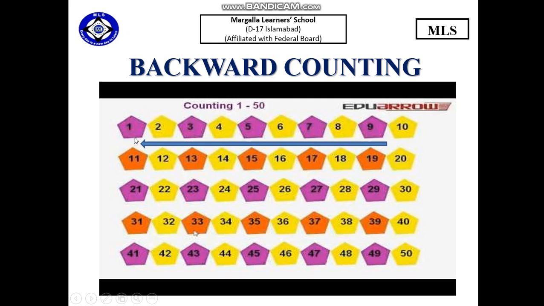Let's count together. 10, 9, 8, 7, 6, 5, 4, 3, 2, and 1. So we counted backward from 10 to 1.